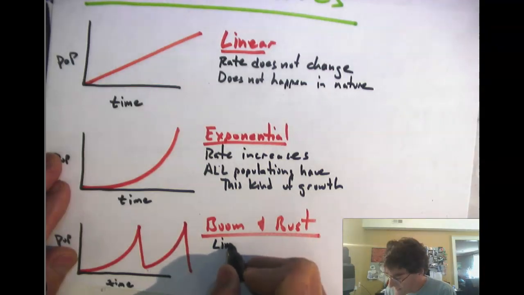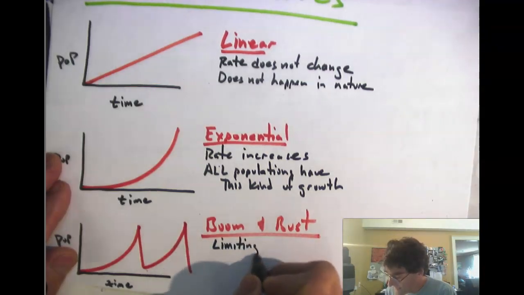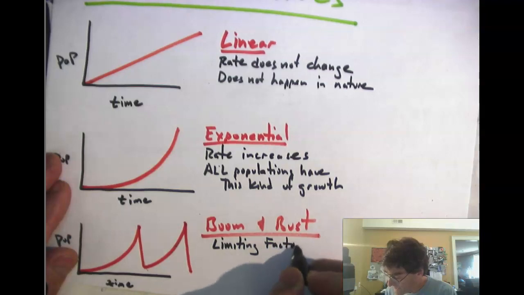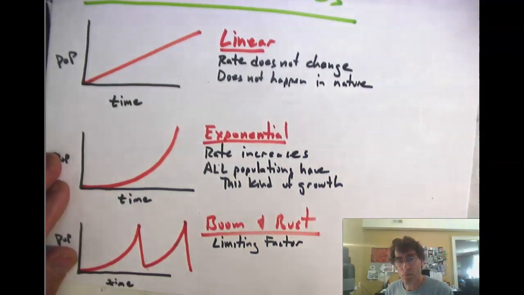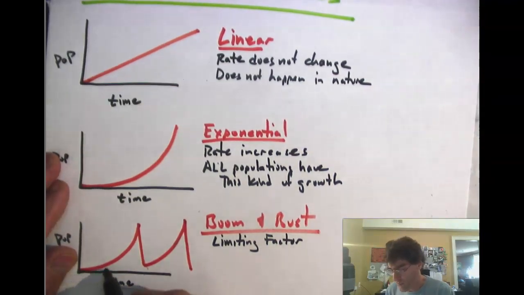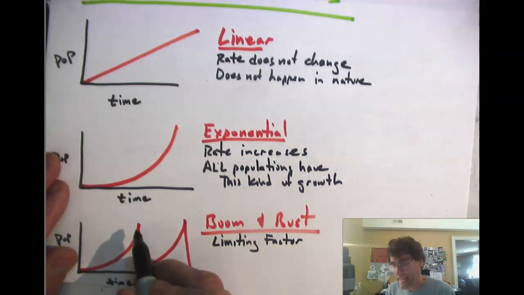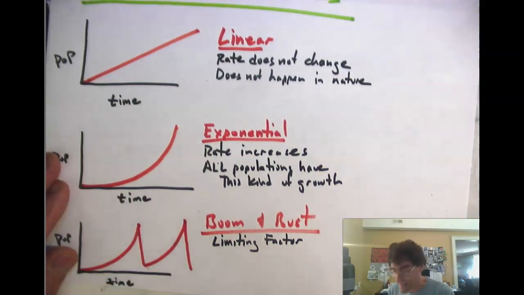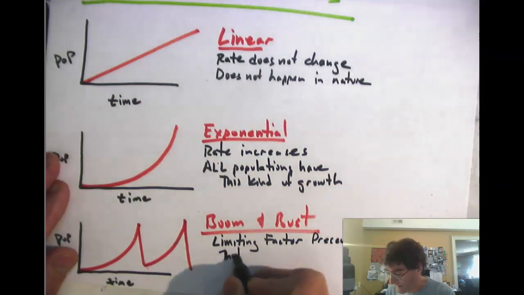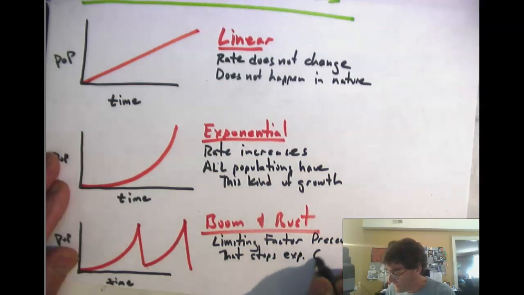that there must have been some limiting factor. So exponential growth always happens, but it can't continue because there's some limiting factor present that stops the exponential growth, right?